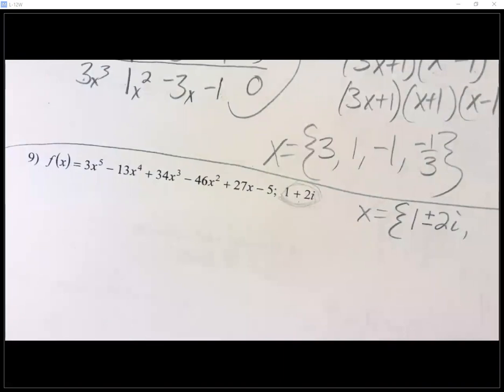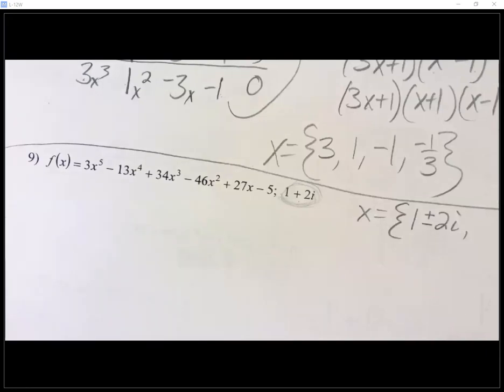Now, this is a little bit trickier because now if you think of what we did in the other ones, after I made my list, I would plug in numbers from that list, or if they gave me a 0, I plugged in that 0 because I know that that one works. So I can do that, but it's weird.